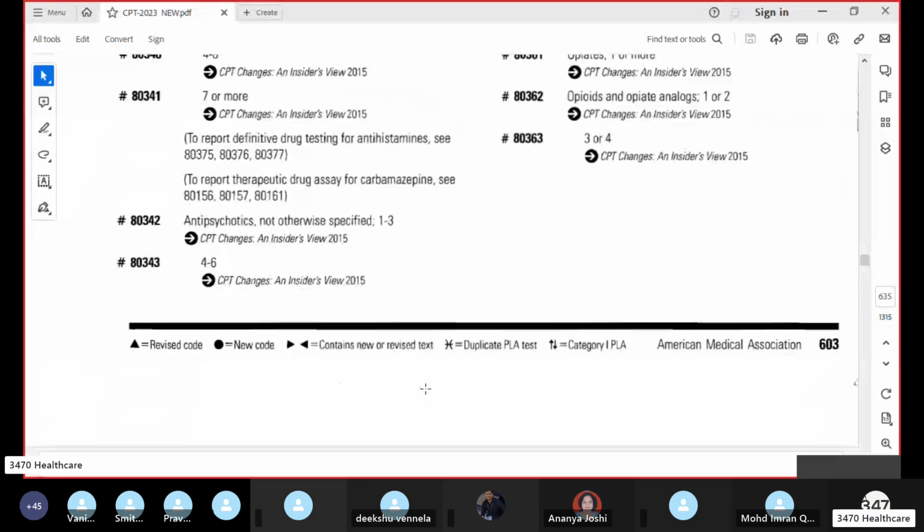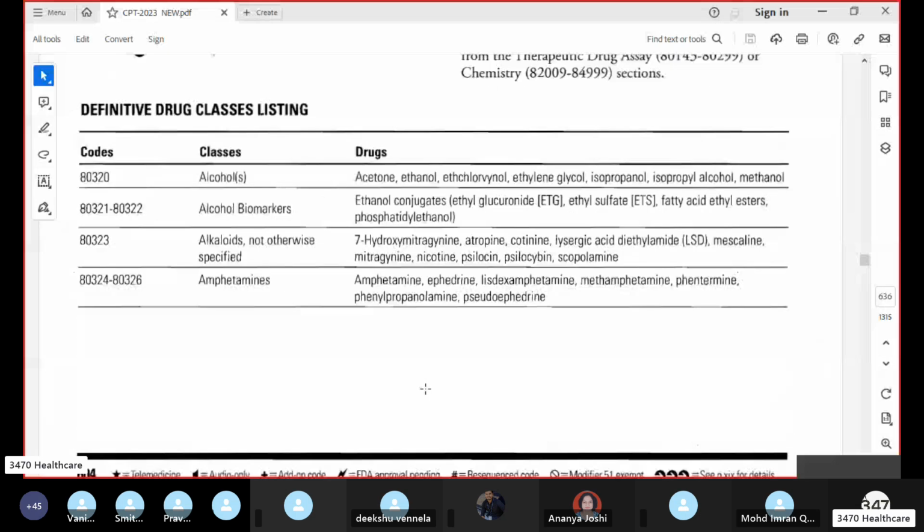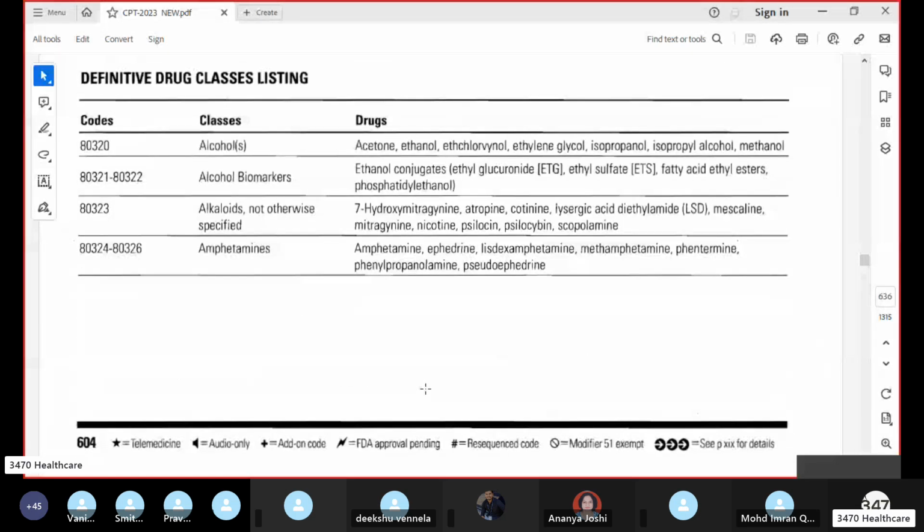For definitive, you turn the pages. We have page number 604. In that, the definitive drug classes listing is mentioned. So for any drug I tell you, you need to check what class it comes under.